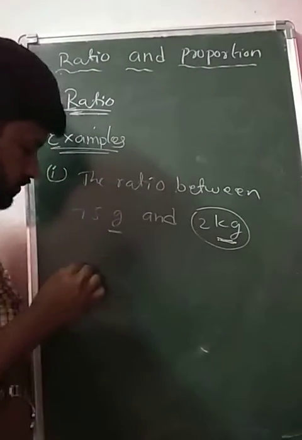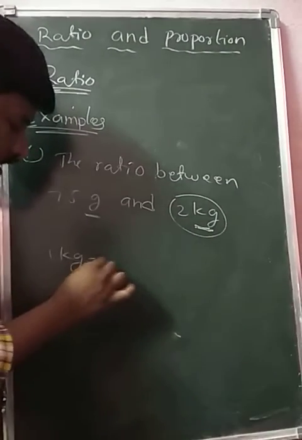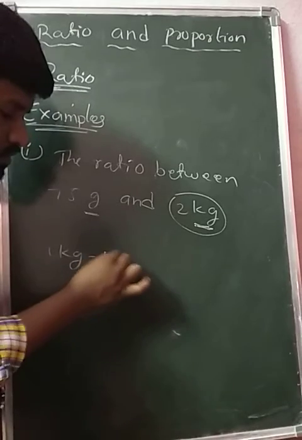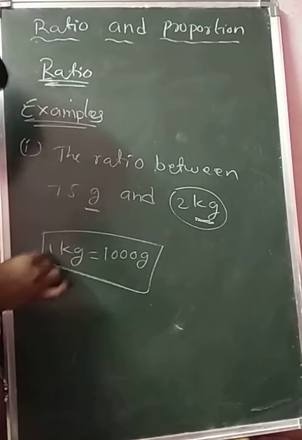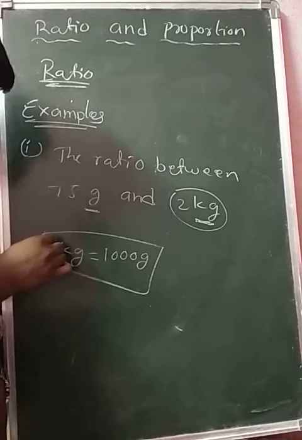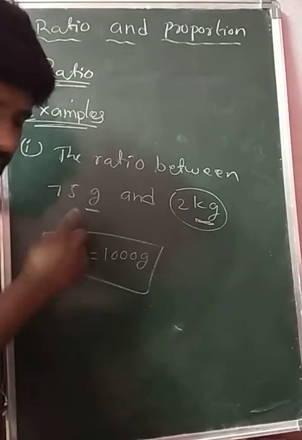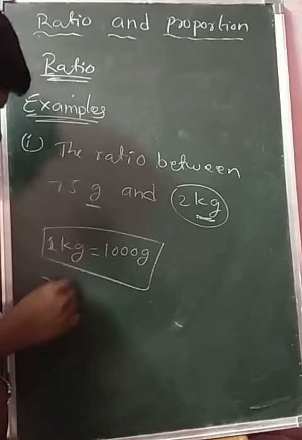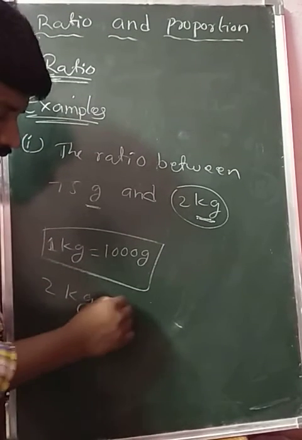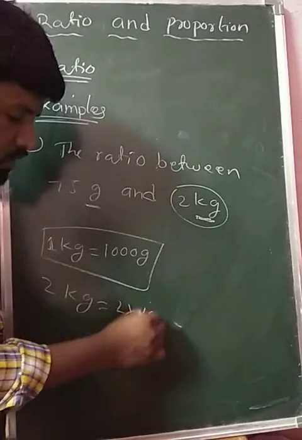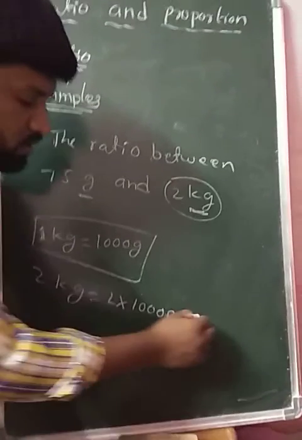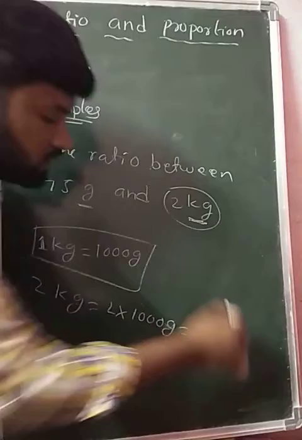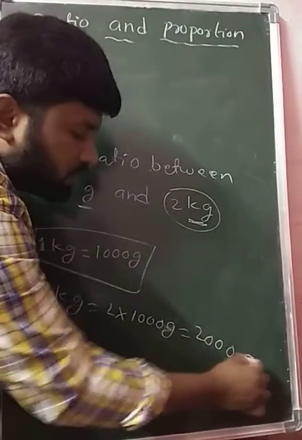Then 1 kg is equal to 1000 grams. Then 2 kg is 2 into 1000 grams, that is 2000 grams.